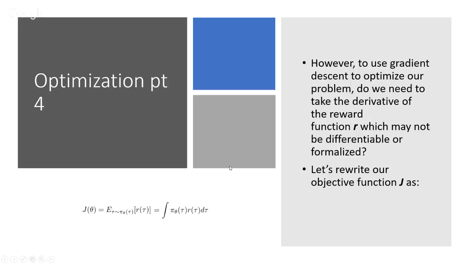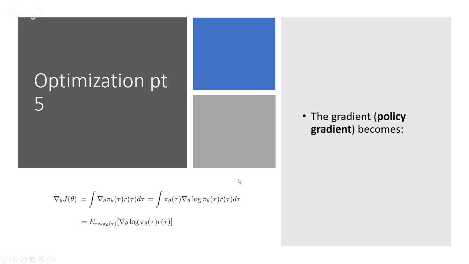Let's rewrite our objective function, J, as this. We've changed that, and now we've turned it into that. The gradient, or policy gradient, becomes the following. I'm not going to read all that out, you can have a look through that now.